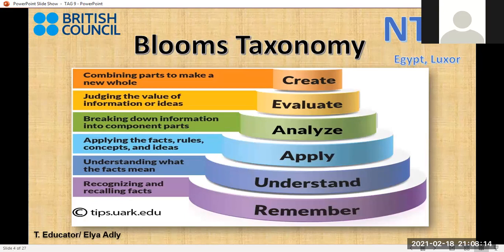We use Bloom's taxonomy to indicate the levels of learning and the levels of thinking skills. So we start with remembering, then the higher levels are understand, apply, analyze, evaluate, and on the top of this pyramid of Bloom's taxonomy is creation, or to create.